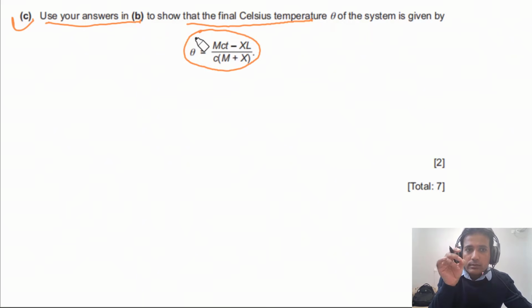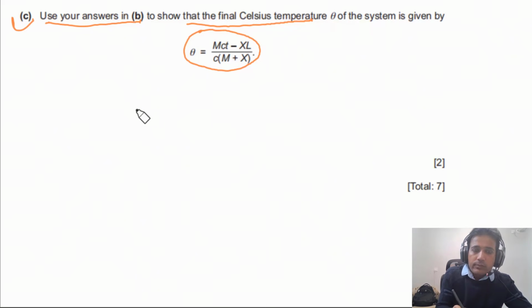Using your answers from B, very important one. It means what we have done in part B, now that is kind of hint for us, and we have to use that working from part B to answer part C. And also, as the question said, you have to follow the instructions given in the question.